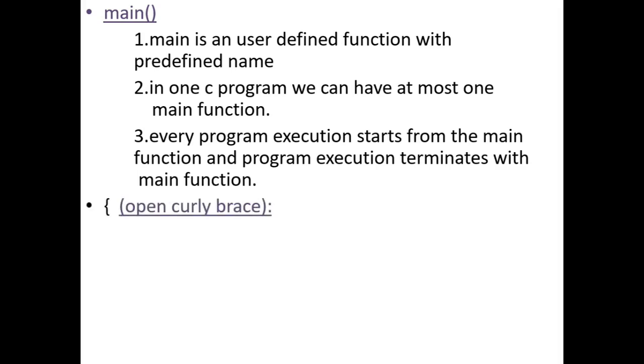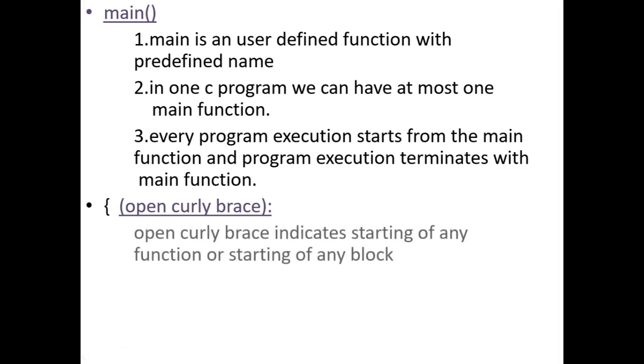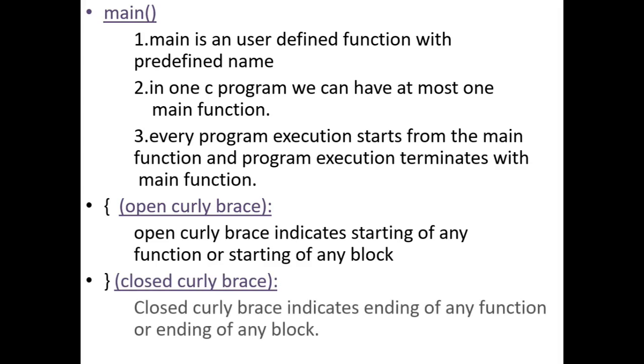The open curly brace is used to indicate the starting of a function or any block. Closed curly brace is used to indicate closing of any function or block. The block means the set of code enclosed in open and closed curly braces.